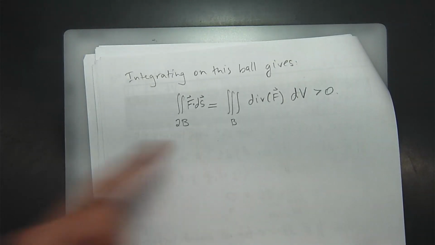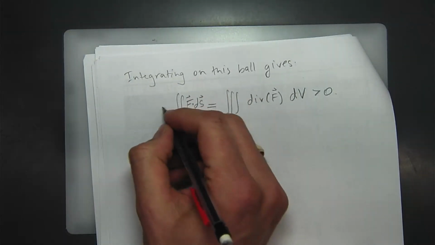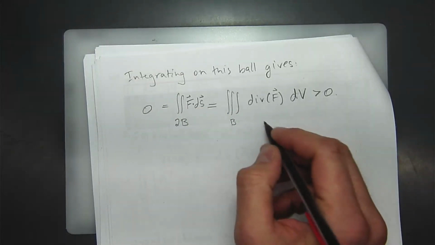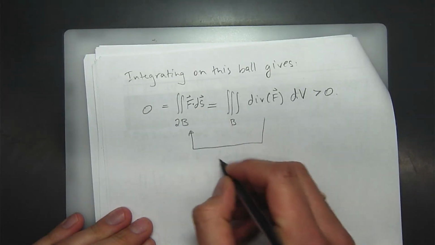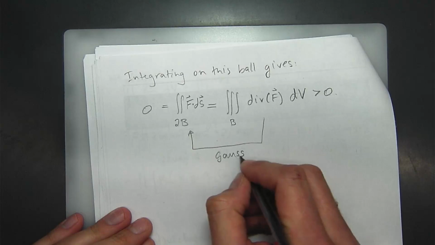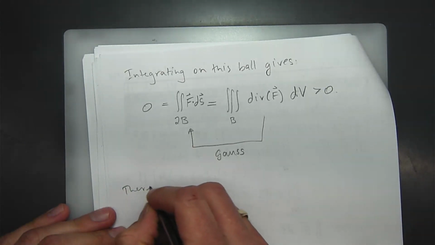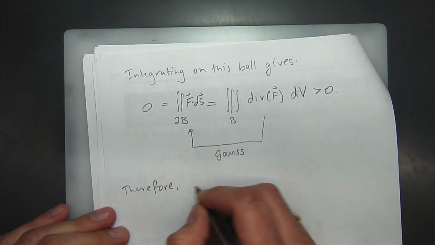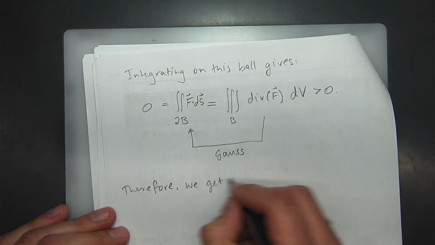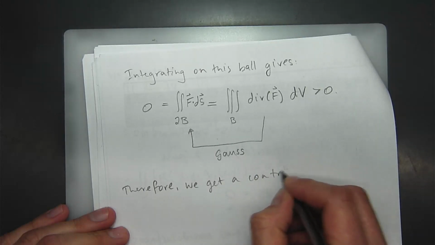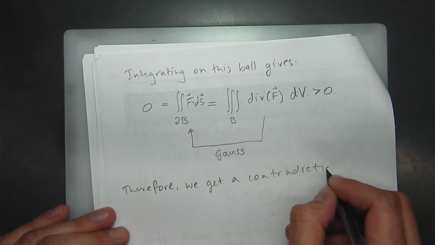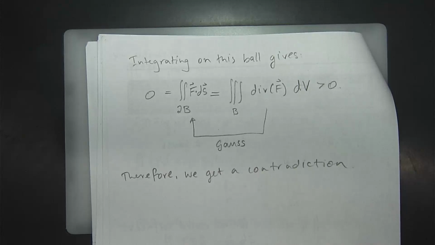That's a closed surface, so we have to integrate out to 0. Contradiction, so the divergence has to be 0 everywhere.